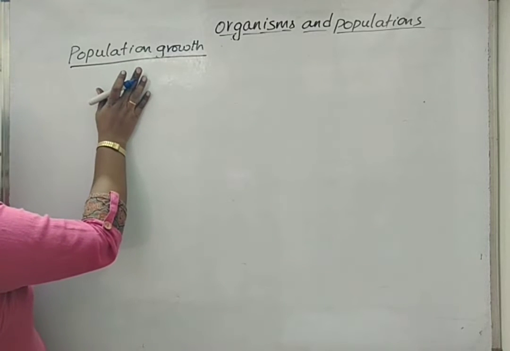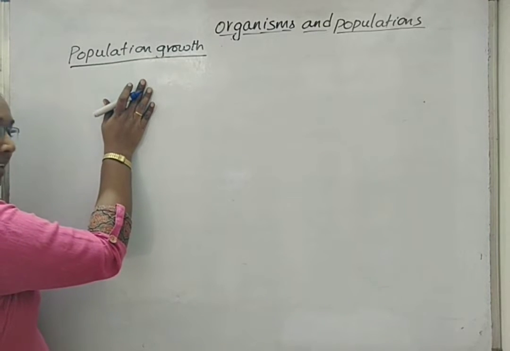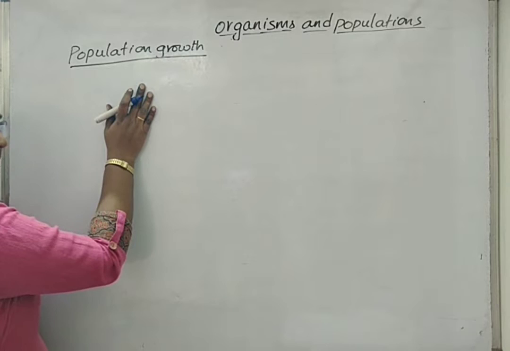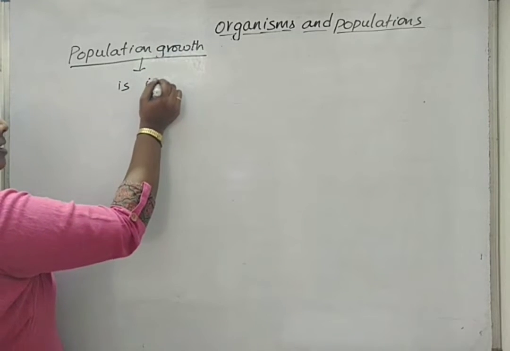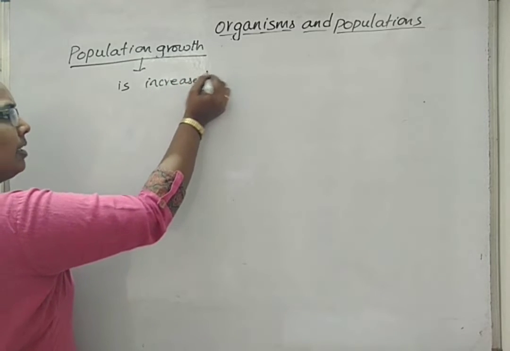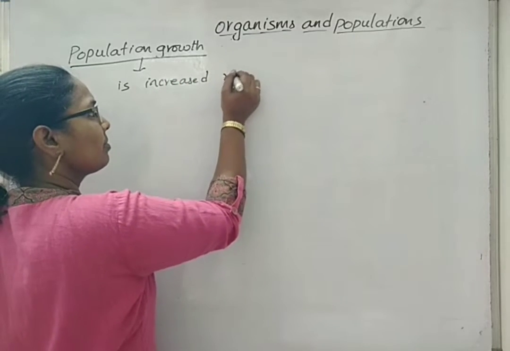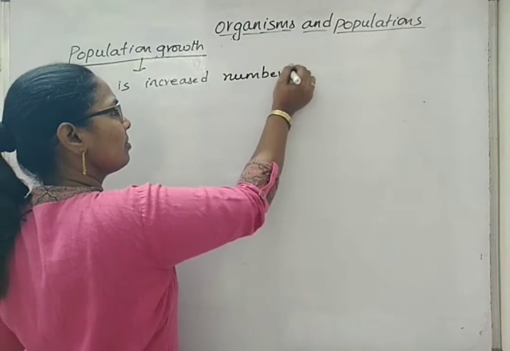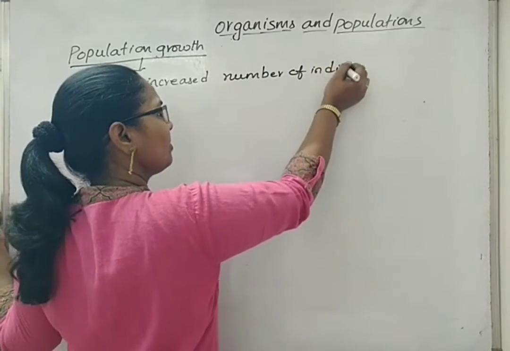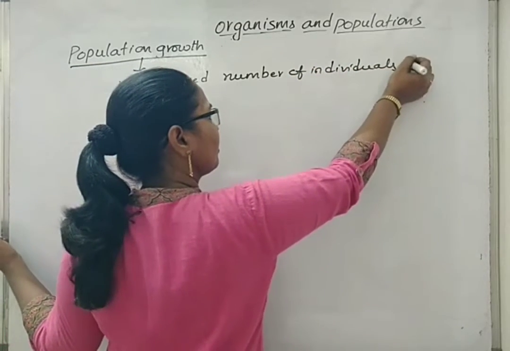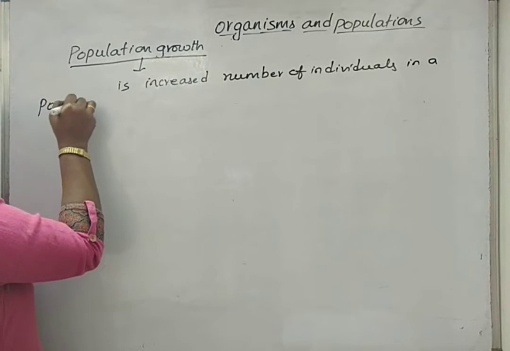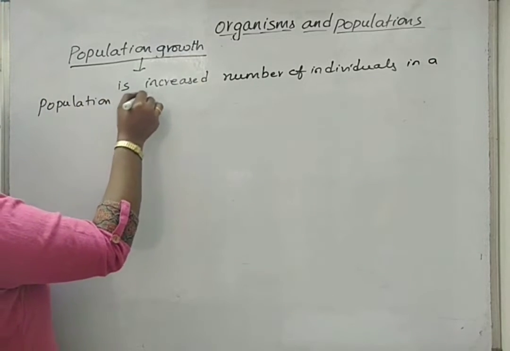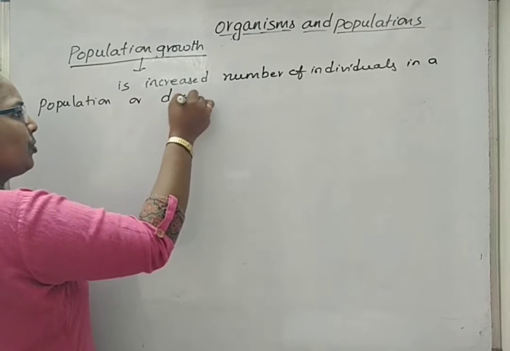Here we will see the size of population and what are the factors responsible for population density, etc. Population growth is the increased number of individuals in a population or in a dispersed group.